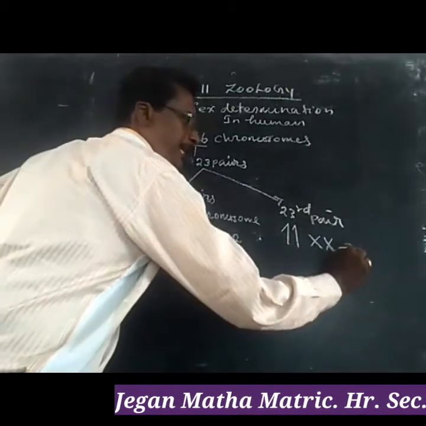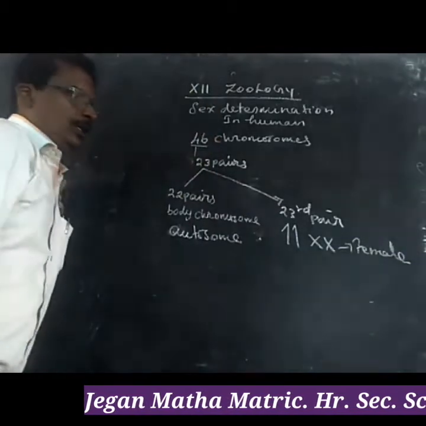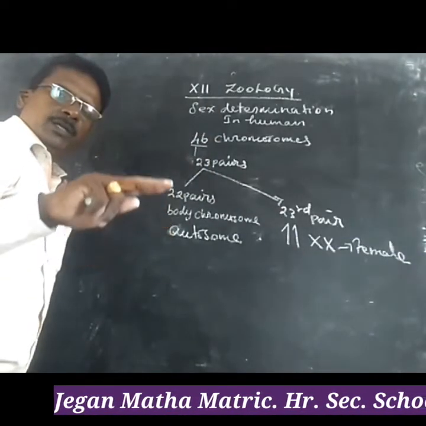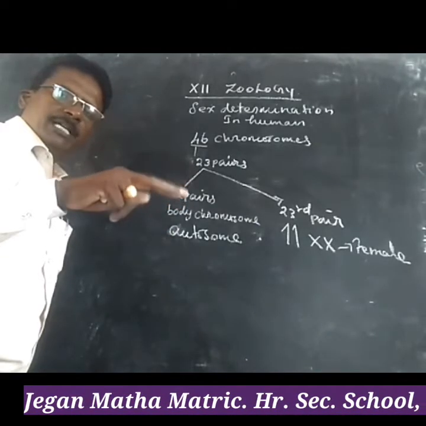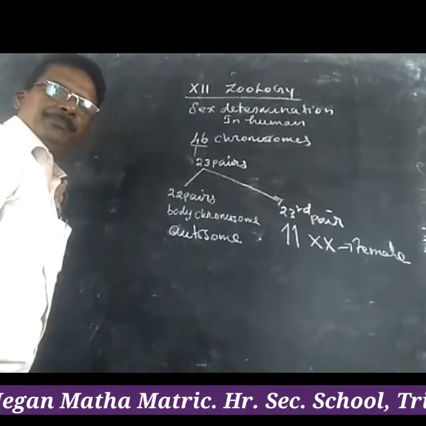They become the female character. The 23rd pair chromosomes, the homologous chromosomes, become identical. It is called a female.